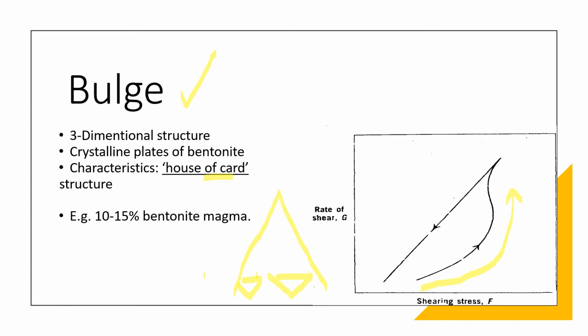Earlier, before applying any shear stress, they were not like that, but once the shear stress is applied, they form a house of card like structure. This causes the swelling of bentonite magma, and ultimately this bulged hysteresis loop. So this was about bulge.